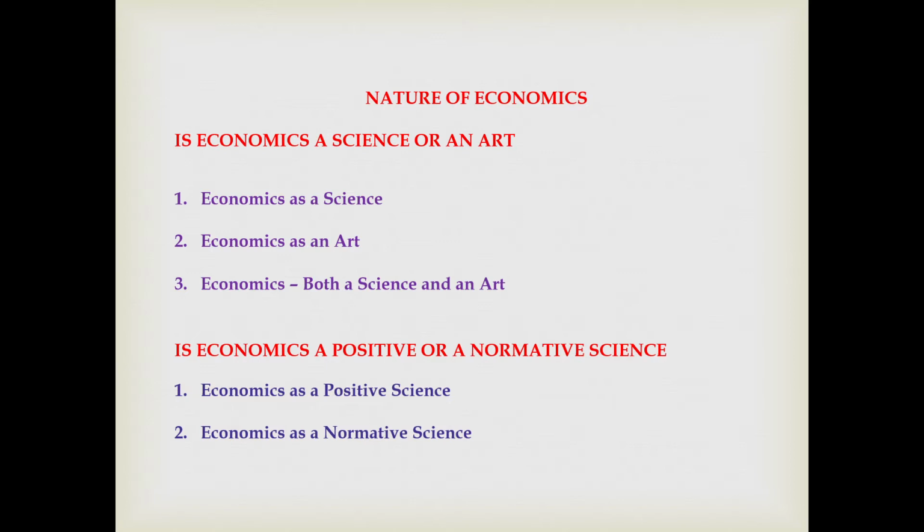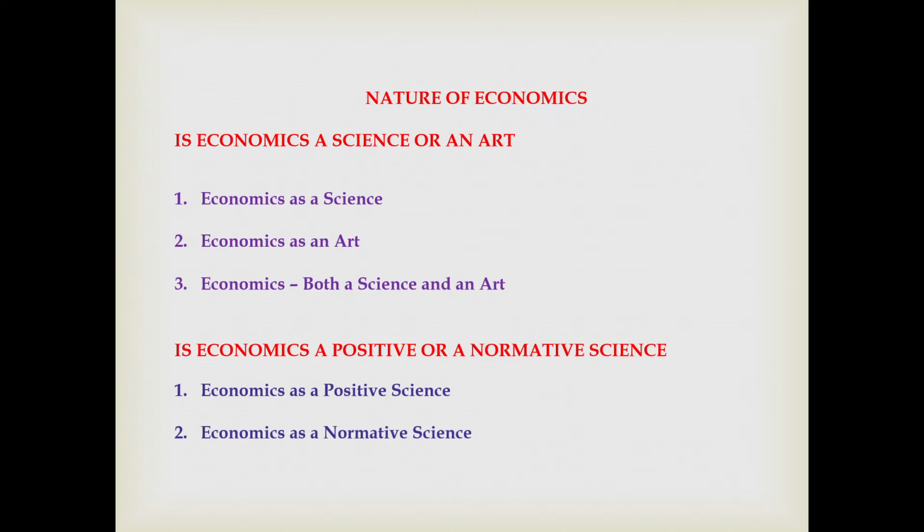Economics is a science as it is a branch of knowledge where various facts have been systematically collected, classified, and analyzed. Economics is different from physical sciences like biology and chemistry, where experiments can be conducted in the laboratory under controlled conditions.